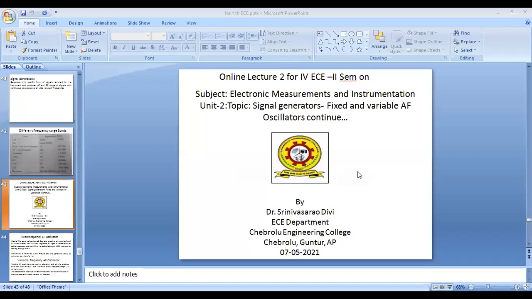So in the previous class, we saw the differences between an oscillator and a signal generator.